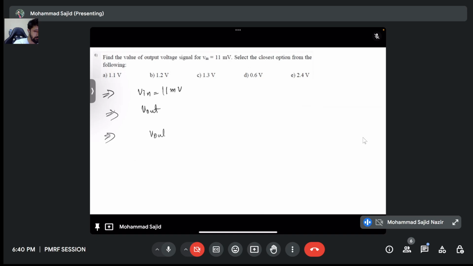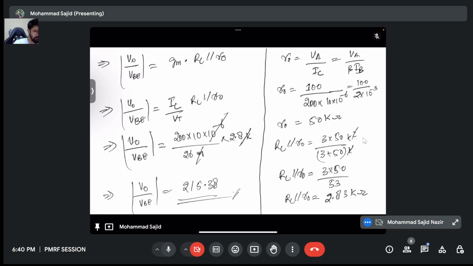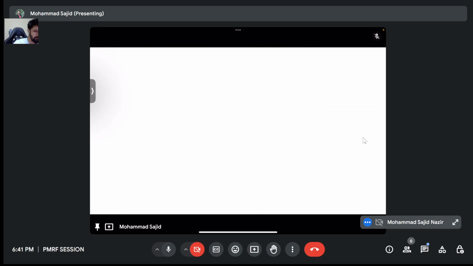You just found out that the gain is 215, let me just write it. So this is what you just calculated in the previous step. Now V in is given as 11 millivolt.